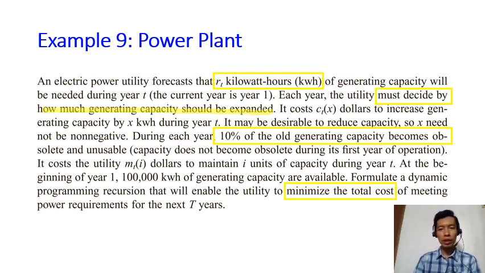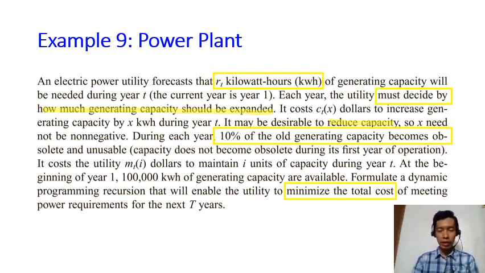What is interesting here is that it may also reduce the capacity. So here X can also be a negative number. If X is positive, it means you expand or add capacity. If X is negative, it means you reduce the capacity, and both are possible.